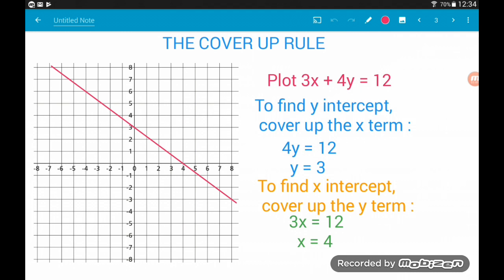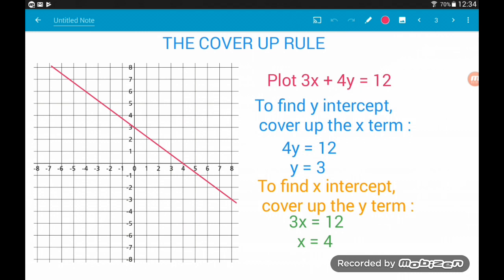So we can use that to find our coordinates of intersection. To find the y-intercept, we're going to be on the y-axis, which means x is equal to 0. So we can cover up the x term in the equation, which will leave us with 4y equals 12. Then we divide by 4, we get y is equal to 3.